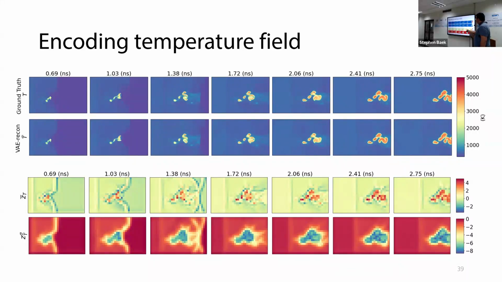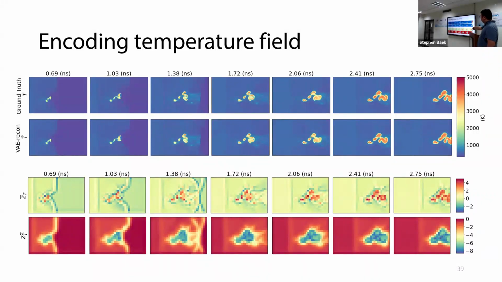But still, we're able to preserve pretty much all the details, with the caveat that the reconstructed field may look a little blurry in some locations. If you look at this image really close, you will see that the boundary between two temperature regions is a little blurry compared to the original, but maybe we can live with it.